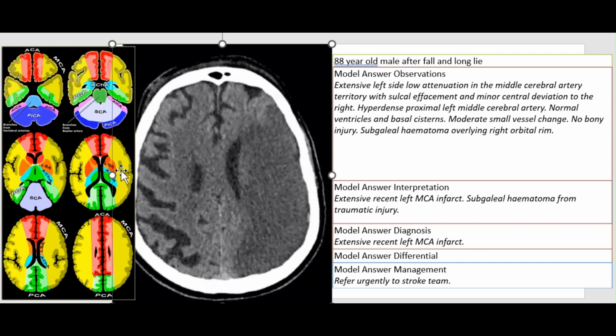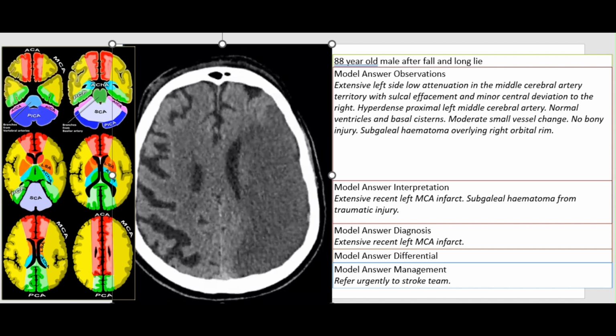Also, the middle cerebral artery gives deep penetrating branches called the lateral lenticulostriate artery to supply a part of the basal ganglia called lentiform nuclei.